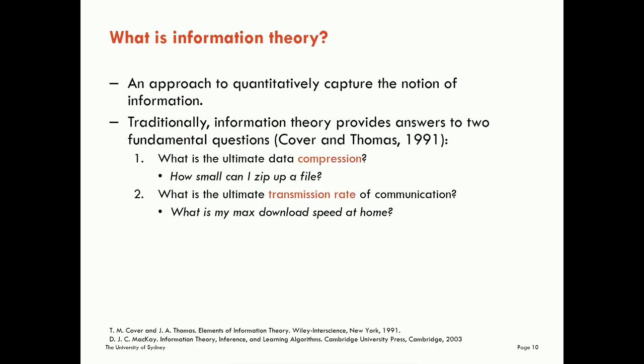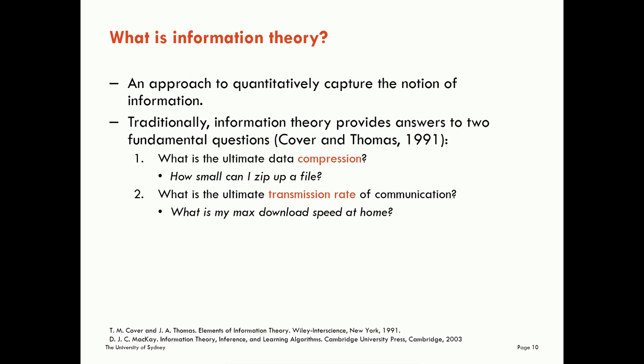So instead, we're going to start focusing on the quantitative answer to that question of what is information. So let's look at what information theory is here. Information theory is an approach to quantitatively capture the notion of information. Now, traditionally, information theory comes at this question by providing answers to two fundamental questions.